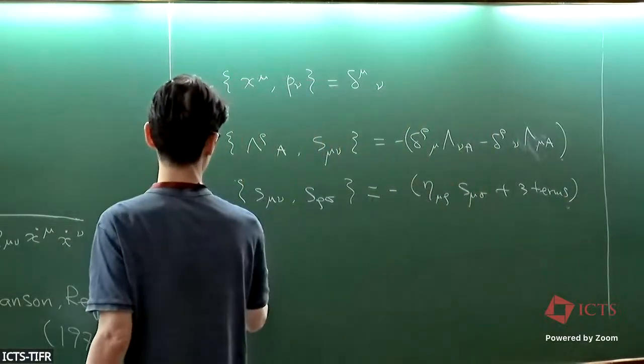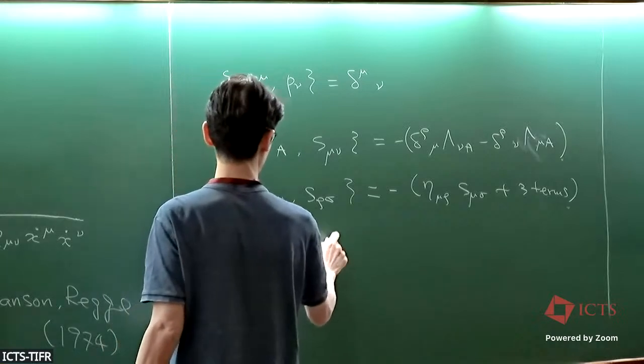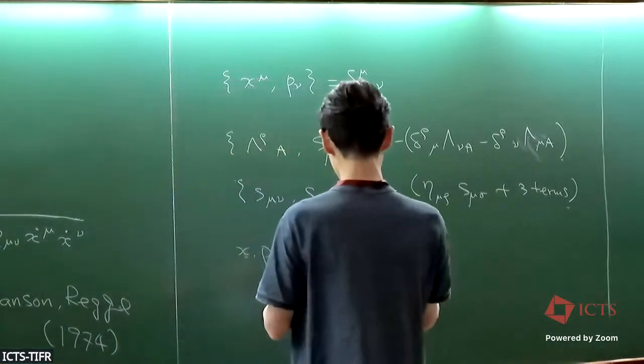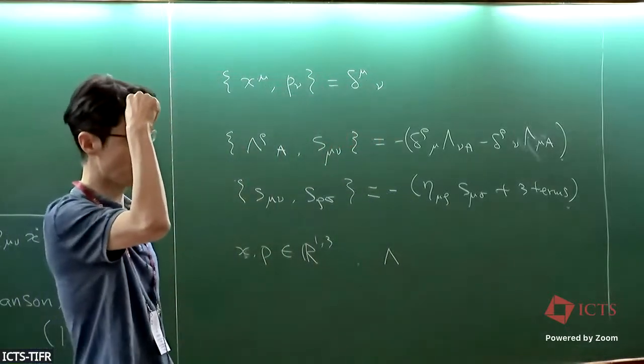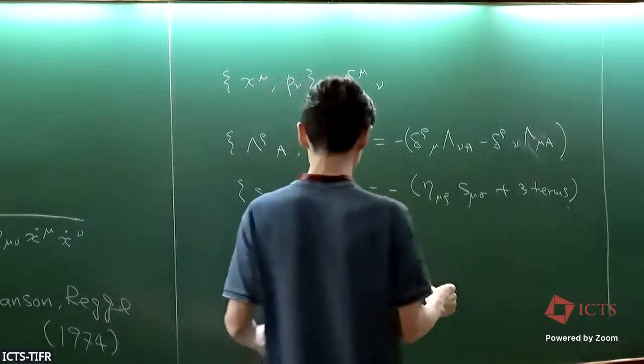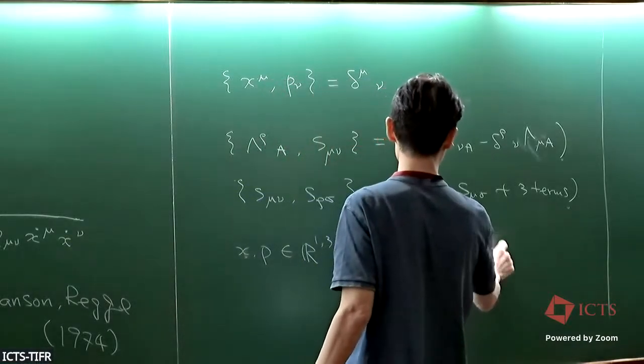So X and P take values in the Minkowski space. And this lambda, which you may think of as a body fixed frame, is an element of the SO(1,3) group.